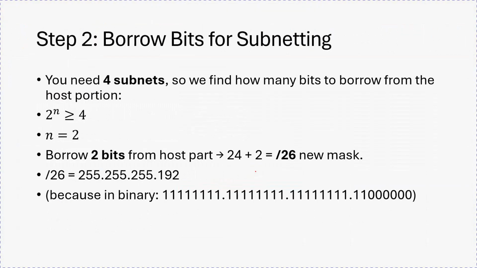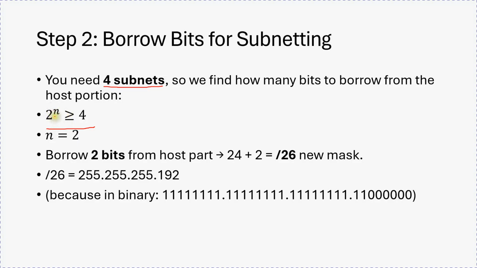Next, right now we need to split it into 4 subnets. That's what we need to do. Here the formula is 2 to the power of n greater than or equal to 4.